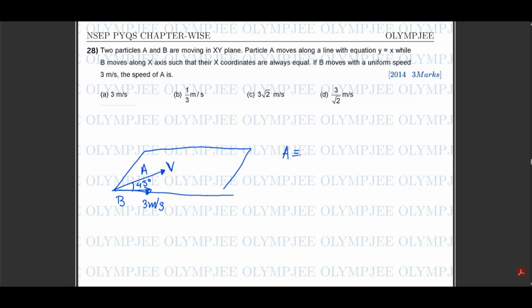So the position of A is x comma y, then that will imply that position of B is x comma 0.